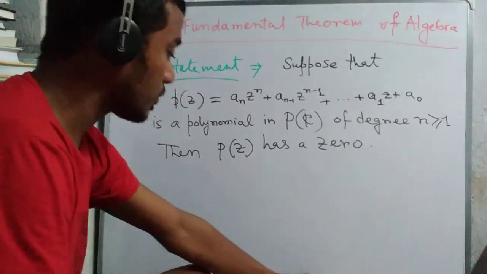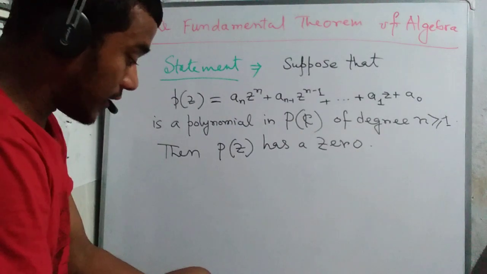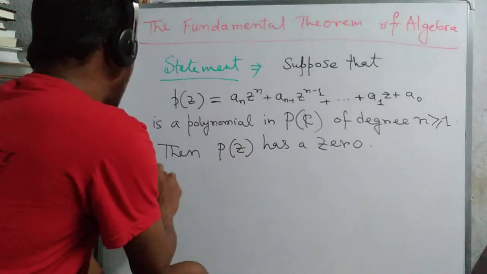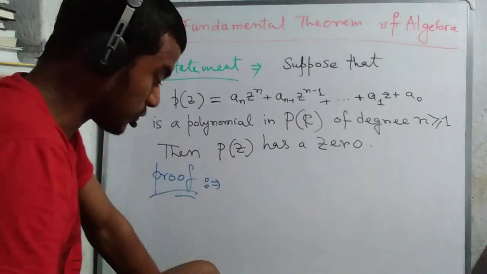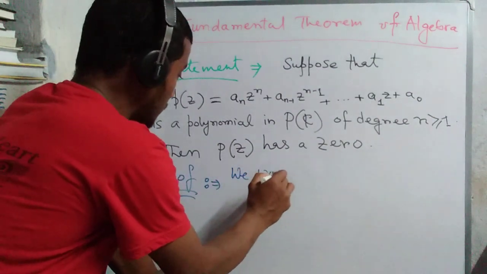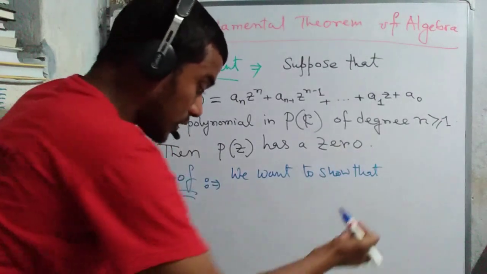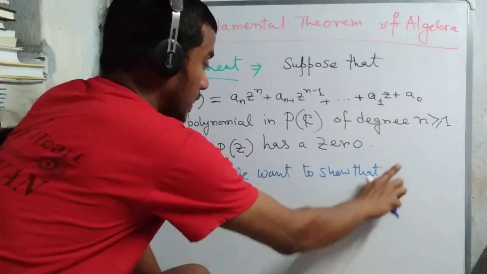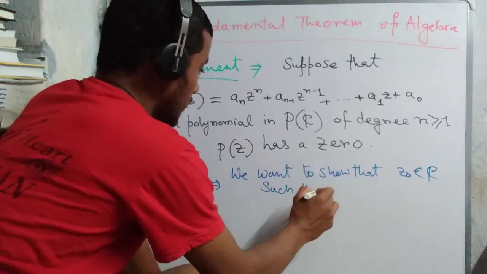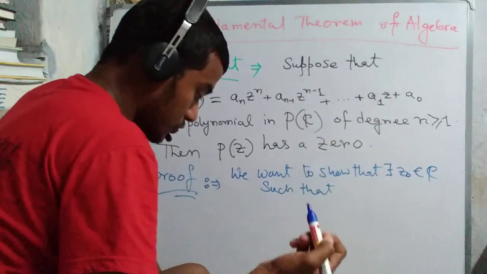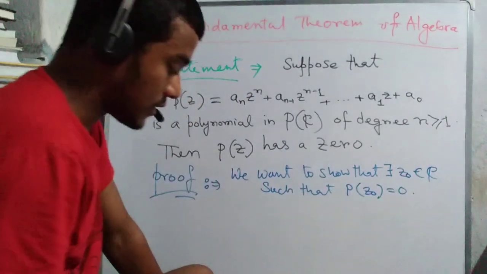Now we are going to prove this crucial, important fundamental theorem of algebra. We write this proof now. We want to show that there exists z0 belonging to C such that p(z0) = 0.